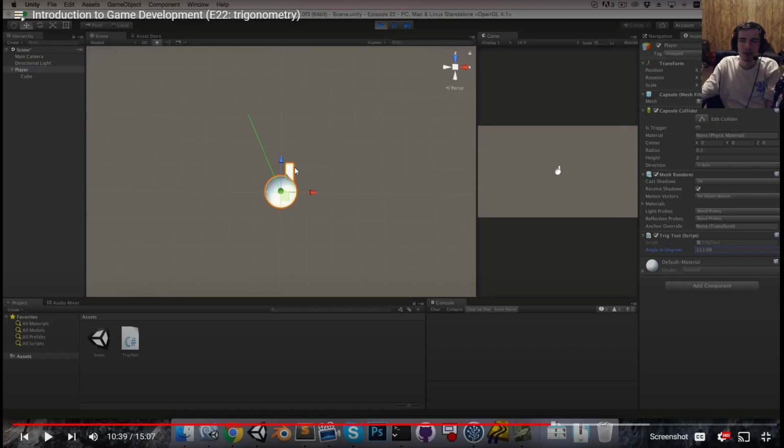Huh, I guess it does have to be a vector. That is so weird. Direction. Hmm. Let's try 0.25, 1. So it would be here.